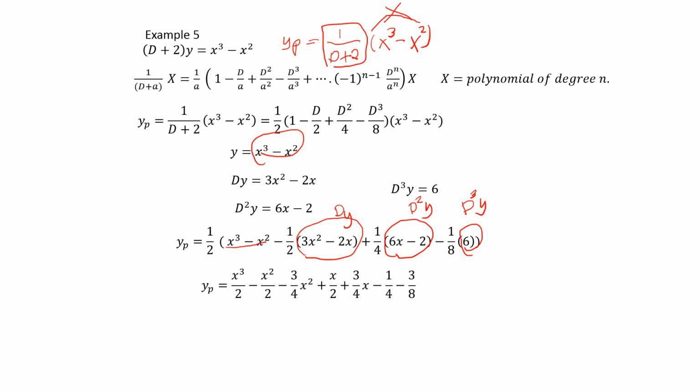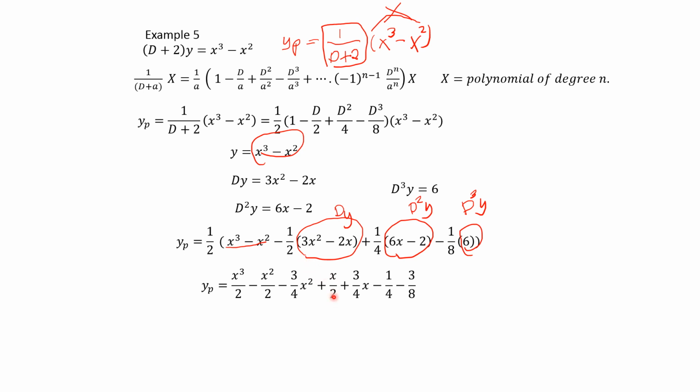Now simplifying, you will have x³ over 2 here, and then for x², 1/2 times negative x² is negative x² over 2. 1/2 times negative 1/2 times 3 is negative 3/4 x². 1/2 times negative 1/2 times negative 2x gives you positive x over 2.